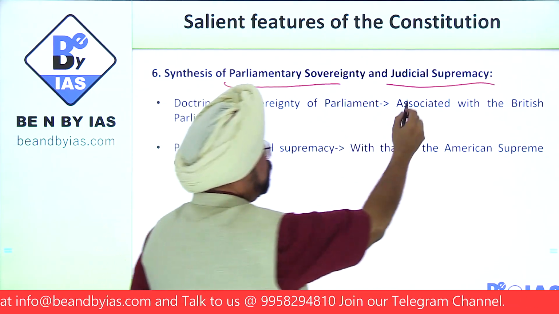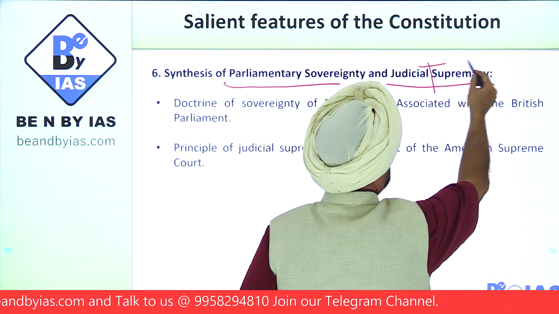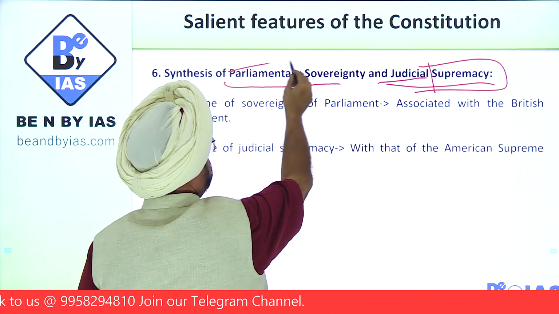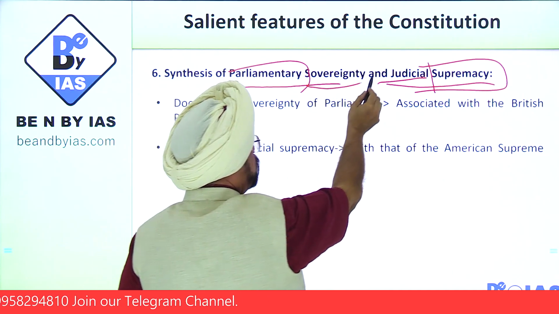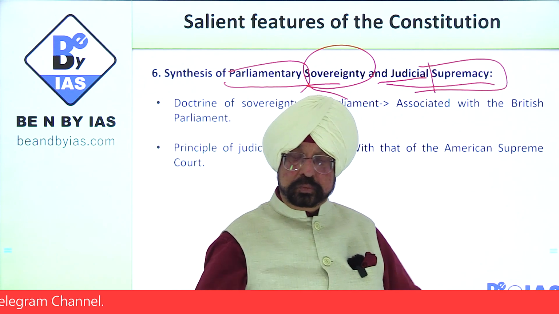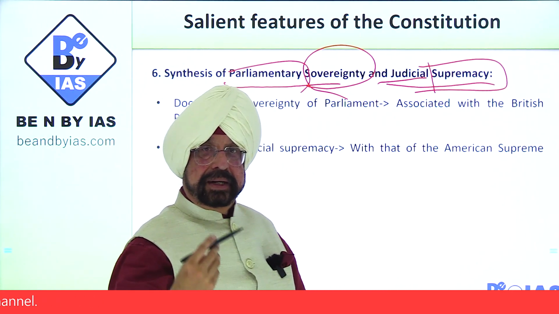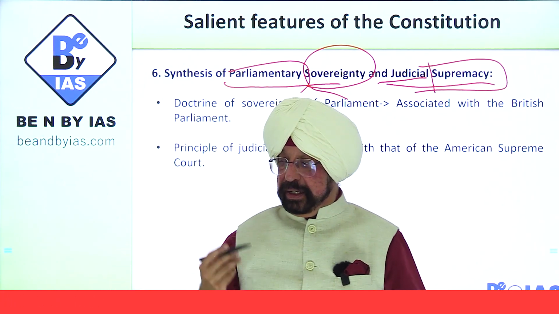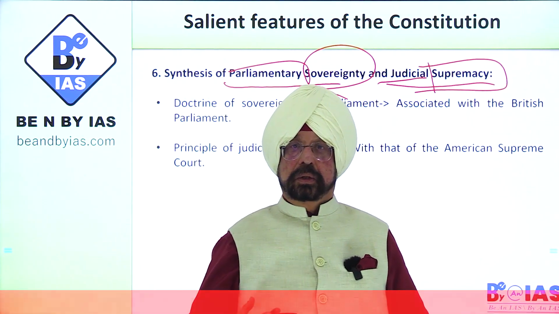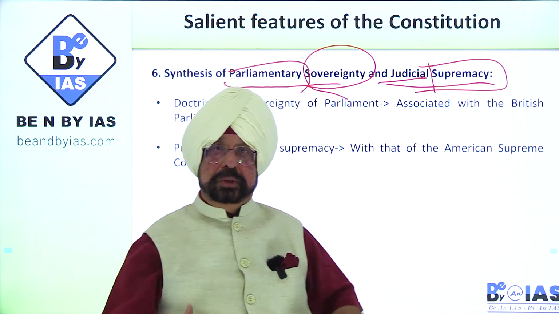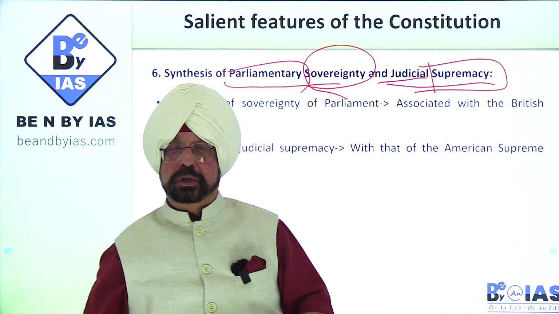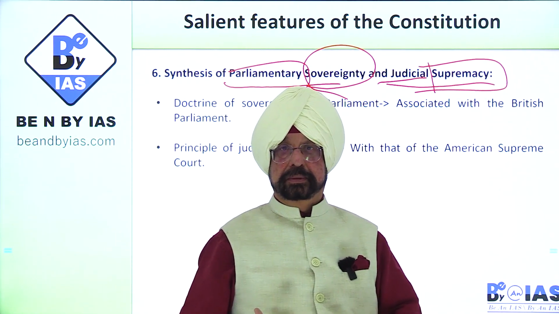But who is supreme? Is it the judiciary who is supreme or the parliament? Parliament is sovereign in many aspects. How? Parliament can take any decision collectively, of course, which affects both the internal as well as external functioning or the matters of the government, of the state.